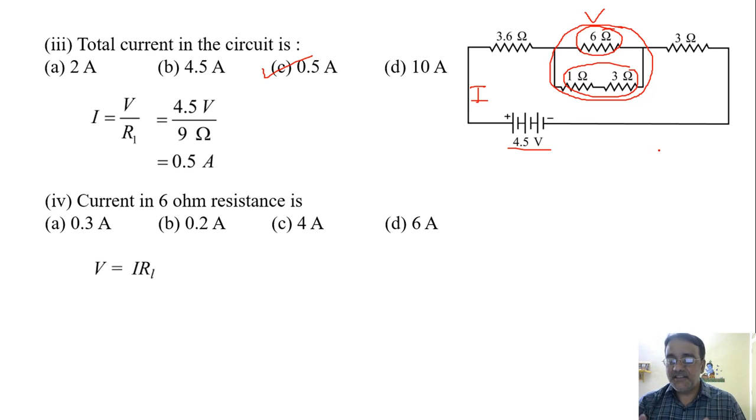In series the voltage divides and current remains the same, in parallel the voltage remains the same and current divides. So this resistance and this resistance are connected in series. So the voltage will divide across this one. The 4.5 volt will break up, divide, but that voltage will be same for these two resistances. Okay, clear?